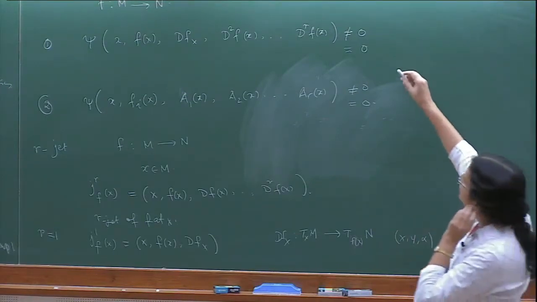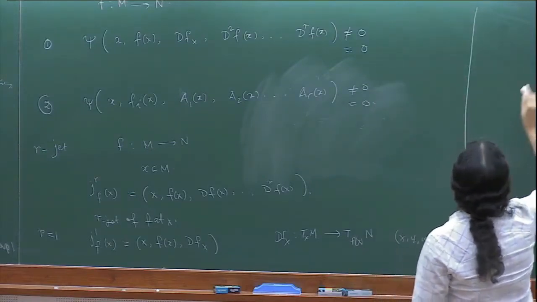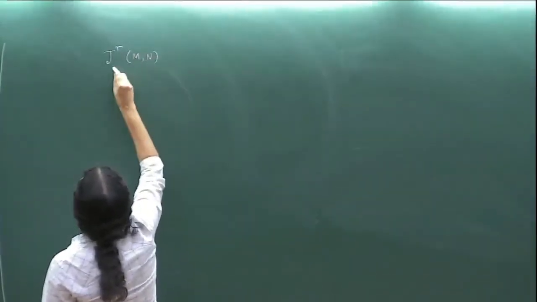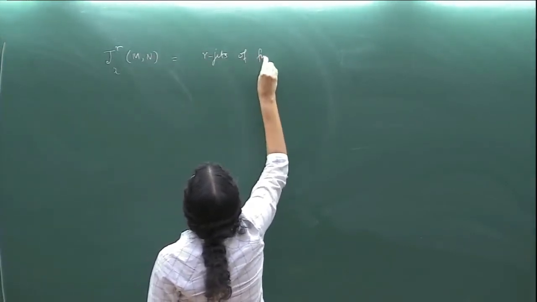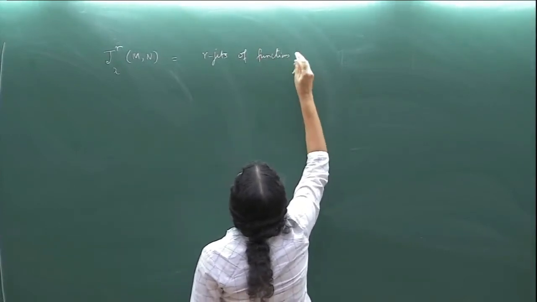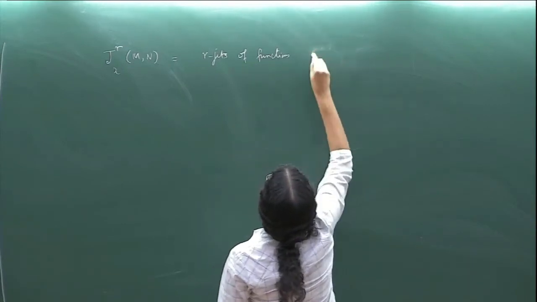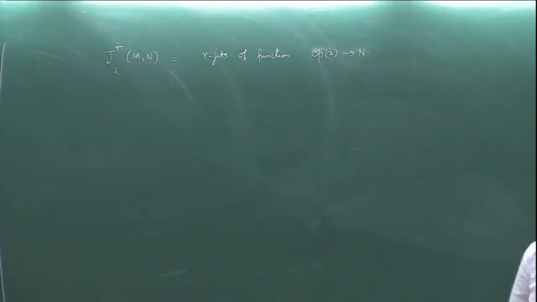So now suppose this is my notation for r-jets of local functions from some open neighborhood of x into N, because I want to catch only the infinitesimal information at x. So the function just needs to be defined on an open neighborhood of x.